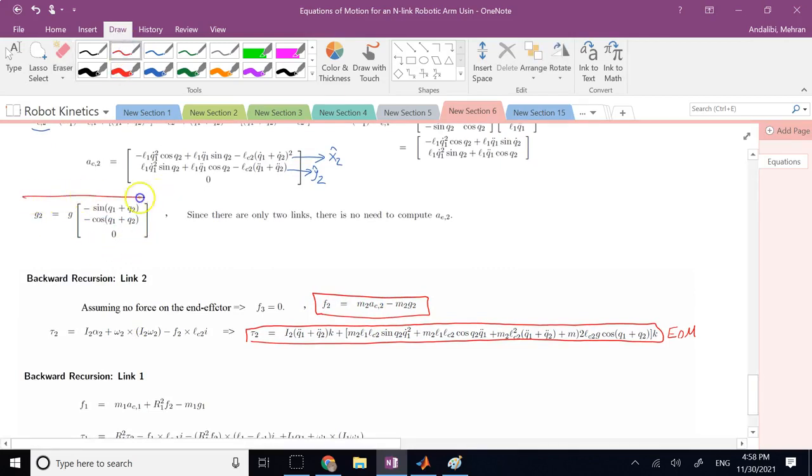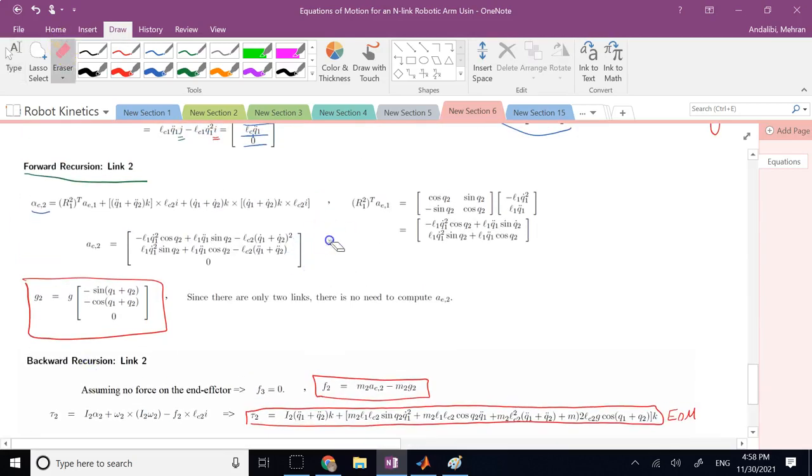And AC2 is also calculated up here. There are double dot terms in it. So if I want to determine the force F2, I also need to know the double dot terms. So this is also like equation of motion 2 because there is a double dot in it.